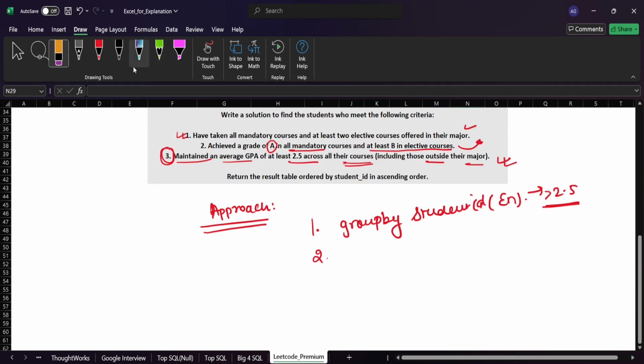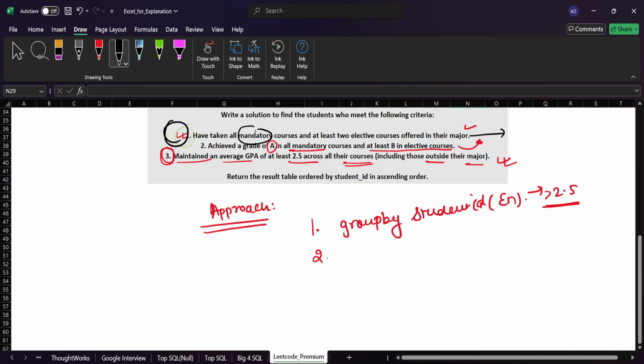Okay. Now let's talk about the other criteria. This criteria basically says the student should have taken all the mandatory courses and at least two elective courses offered in their major. By reading this, the question which comes to my mind is how many mandatory courses are there, right?